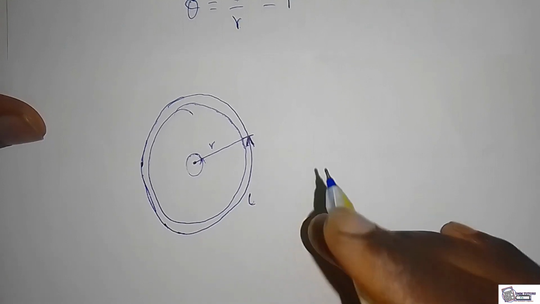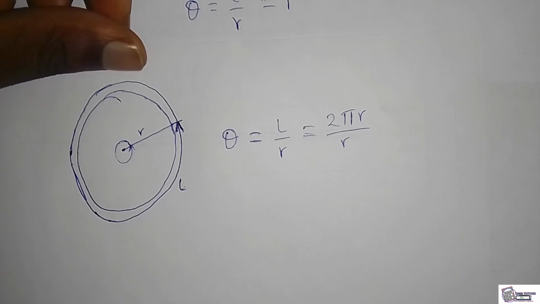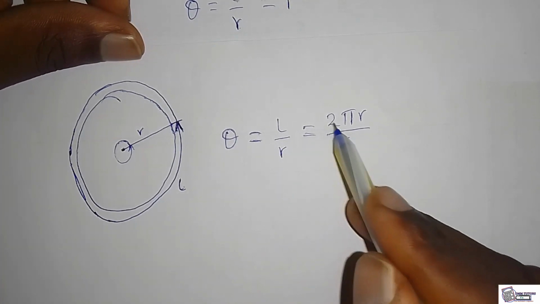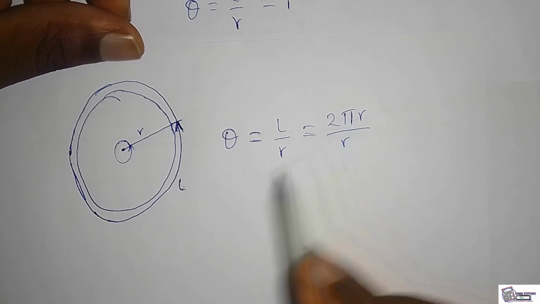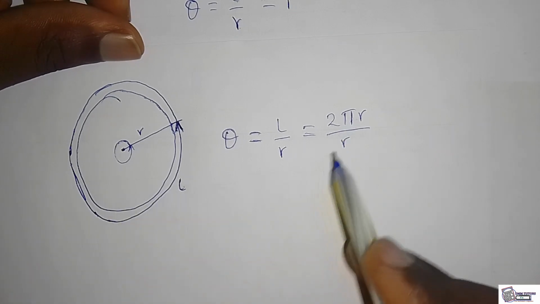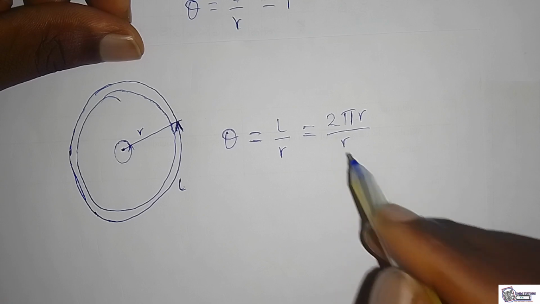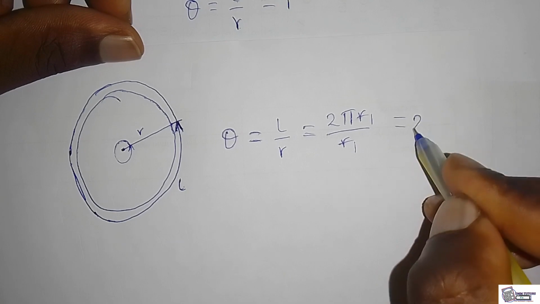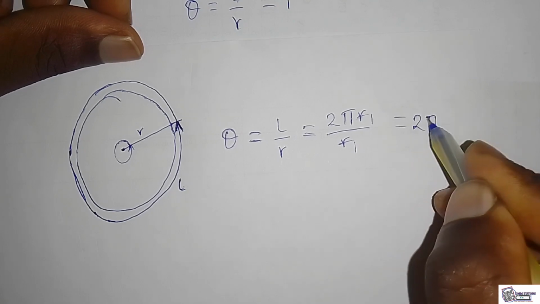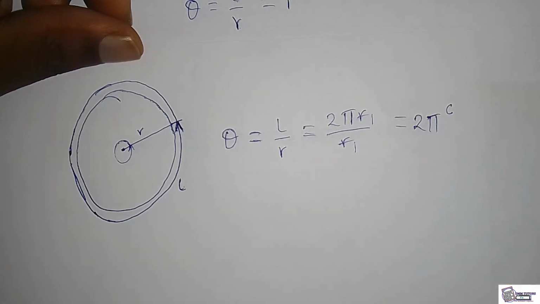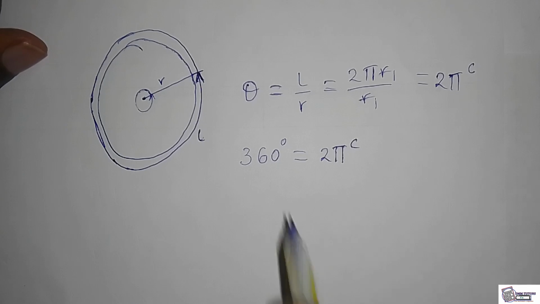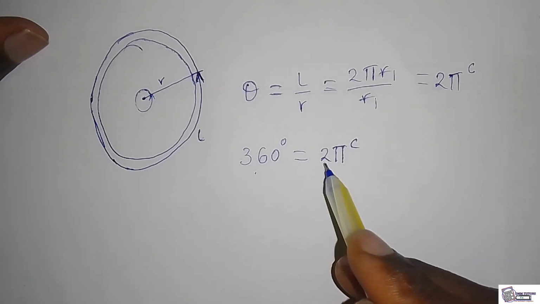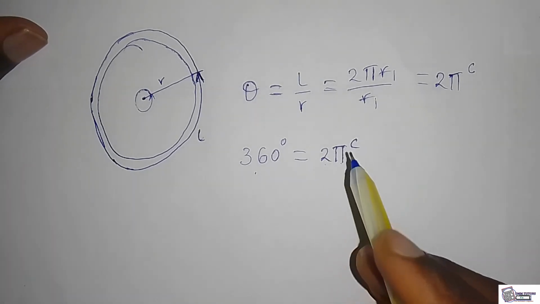So the angle in radians will be the arc length divided by R. And we know the arc length is the entire circumference, which is given as 2 pi R. So we will cancel and we will have 2 pi radians. So therefore, an angle of 360 degrees equals 2 pi radians.